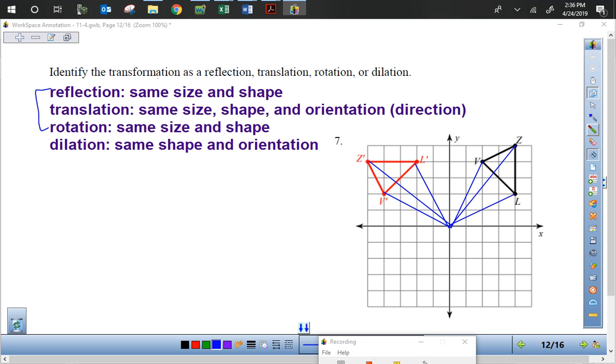Okay, so let's just focus on L to L prime here. We always start with the regular letter. So regular letter going counterclockwise, because that's always the way we measure angles. Does it go 90 or does it go all the way back around? In this one you'll see it goes exactly 90 going that direction.